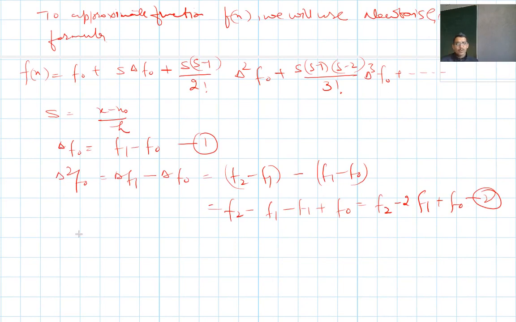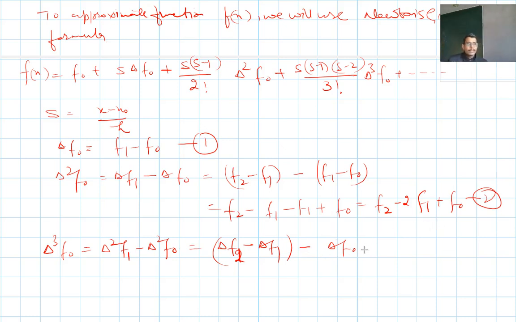And third is this delta cube f naught. So it is delta square f1 minus delta square f naught. It can be written as delta f2 minus delta f1, and its value will be minus delta f1 minus delta f naught.